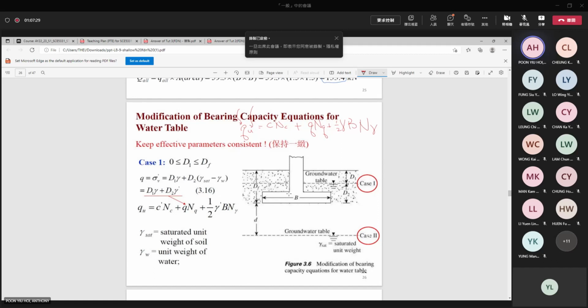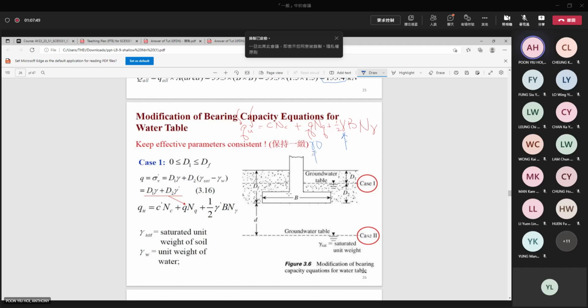You can see this q is actually the overburden pressure, so this has to do with this term. And this term has to do with this.